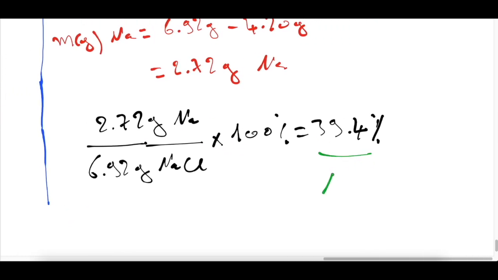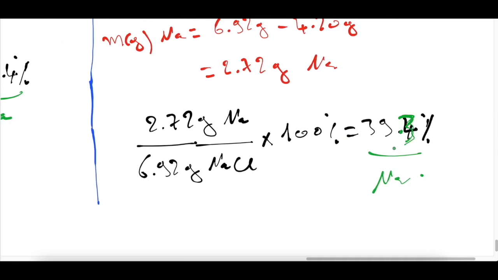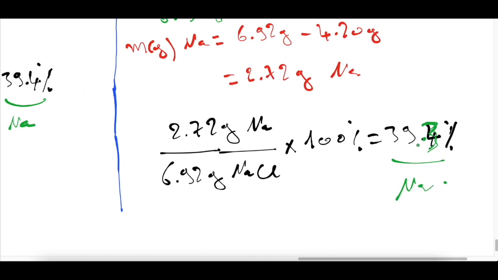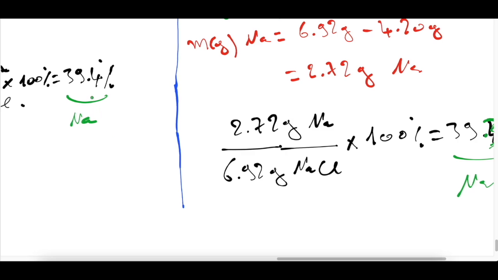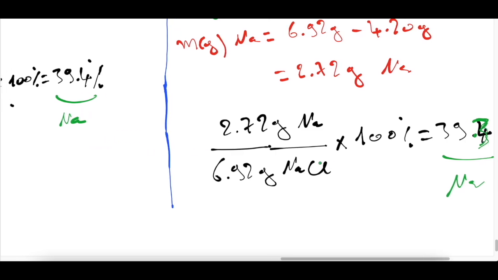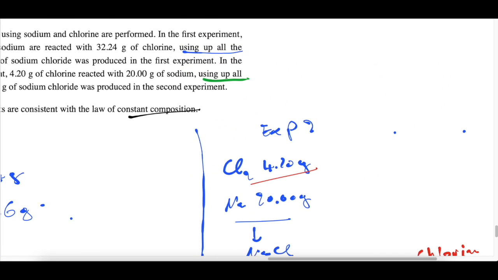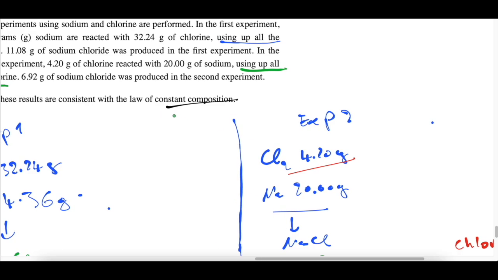If we respect the significant figures, it was rather 39.3%, but it's not important. It is a very small difference due to the significant figures. So we have 39.4% of sodium in each sample. So we can ascertain that the definite proportions is respected.